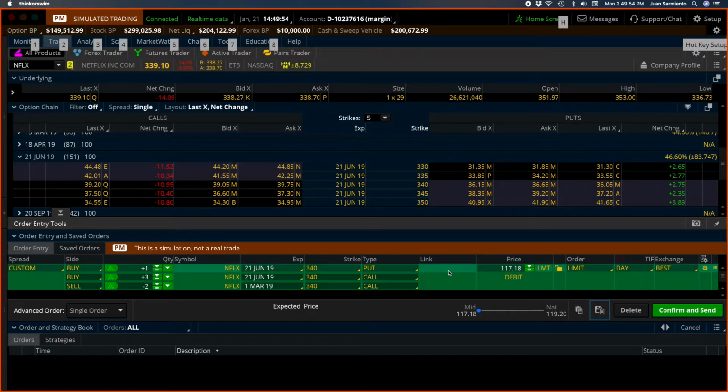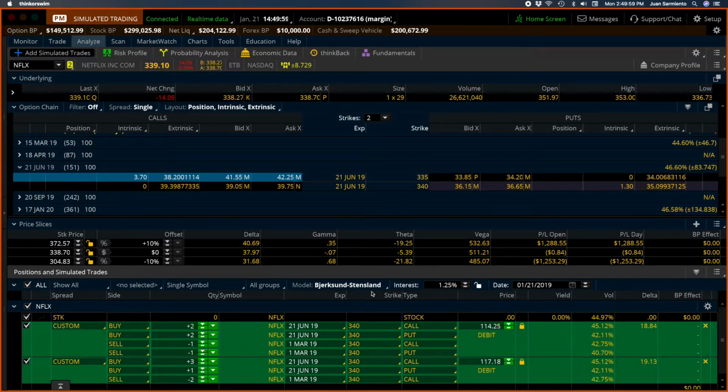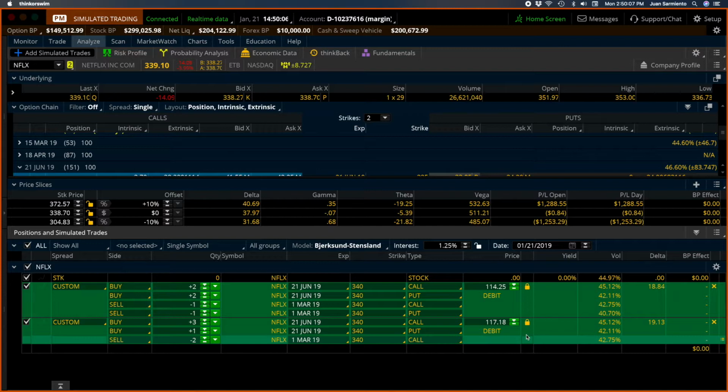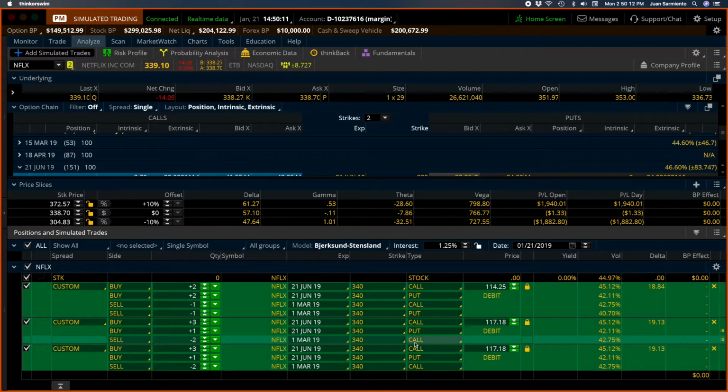And now we're going to take it to the Analyze tab. And do the same with the put Seagull, or simply create a copy and then change calls to puts and puts to calls, and create back the put Seagull the way we had created it before. Note how the price is very close but actually different. So you may choose the one that is cheaper because synthetically they are the same.